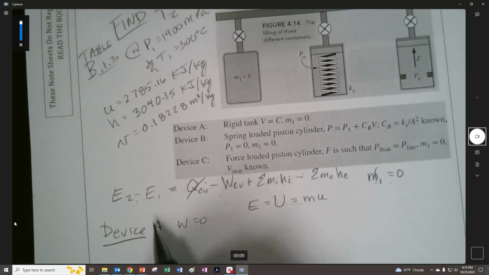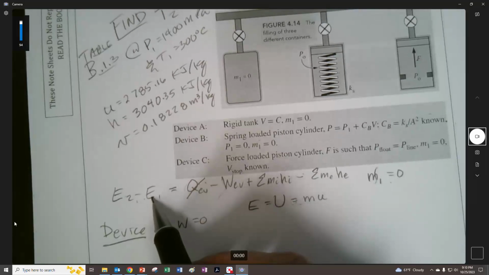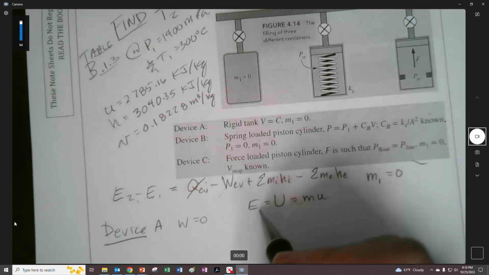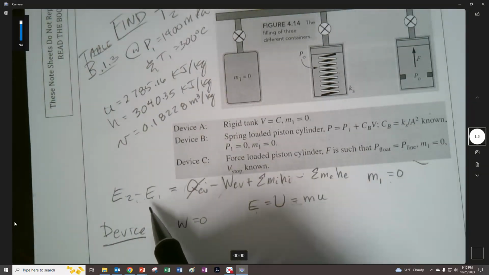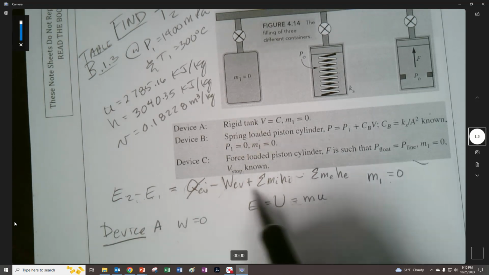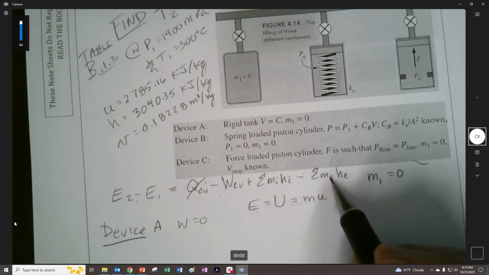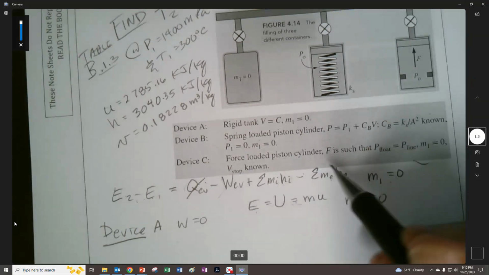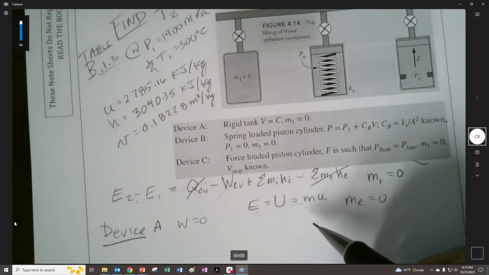For this one, there's no mass inside here. Since M1 is equal to 0, E1 is equal to 0, which means little u1 is equal to 0, so we're fine right up there. So with this whole equation, and we said there's no mass exiting, so ME is equal to 0 as well. And I think that's the case for every one of these things across here.